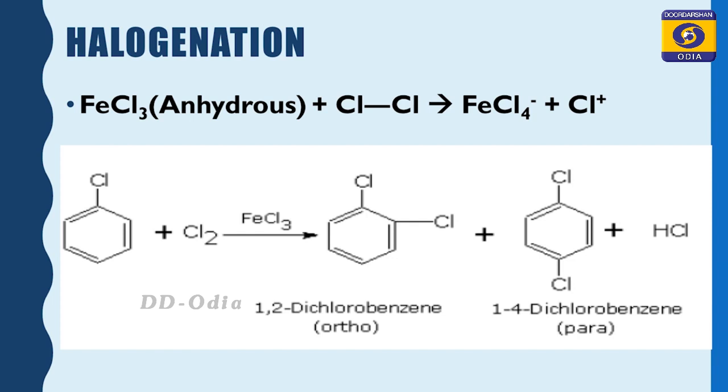But from the ortho position product, that is 1,2 dichlorobenzene, and the para position product, 1,4 dichlorobenzene, which one will be the major one? You please answer. Yes, from these two, the 1,4 dichlorobenzene is the major product.